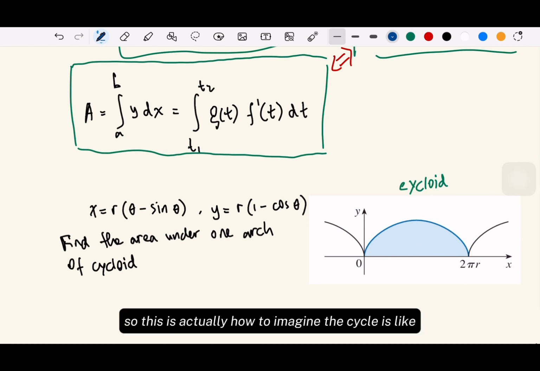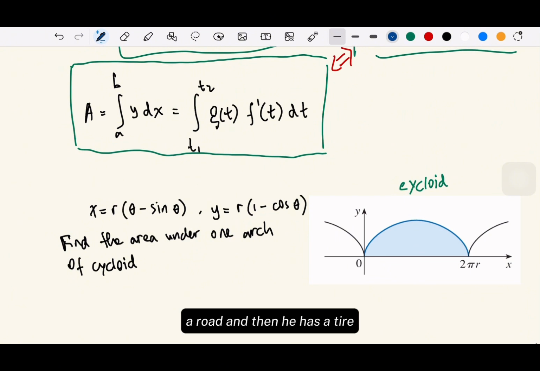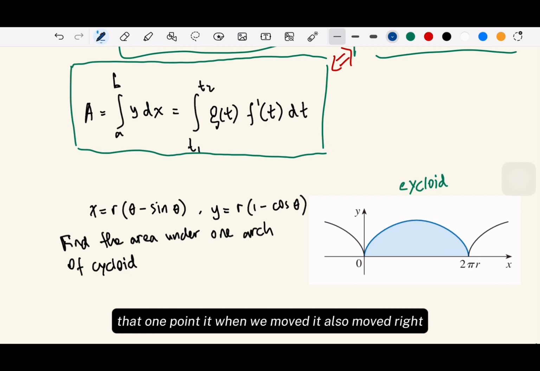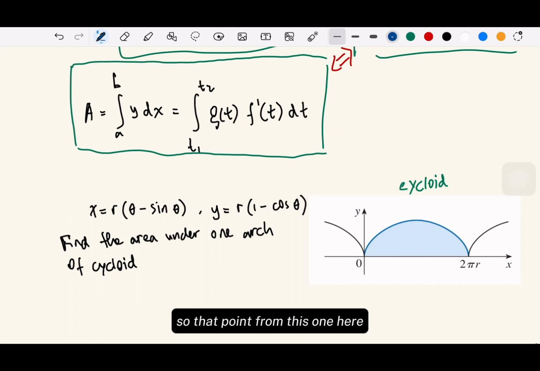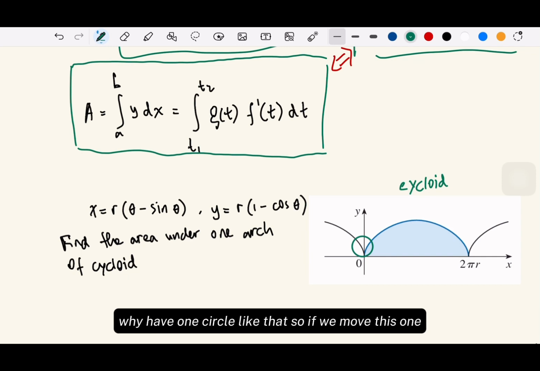So this is actually how to imagine the cycloid: you have a road, and then you have a tire. Let's say you ride a bicycle. So this point that touches the road, when we move, it also moves, right? Let's say I drew one circle like that.